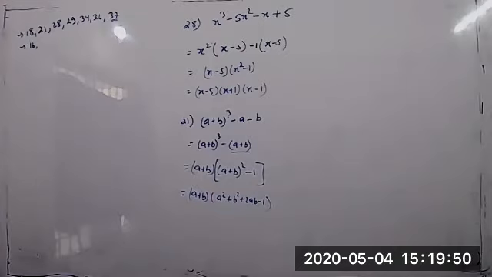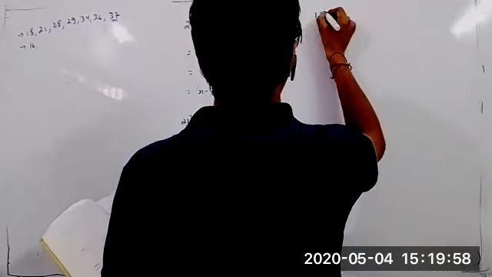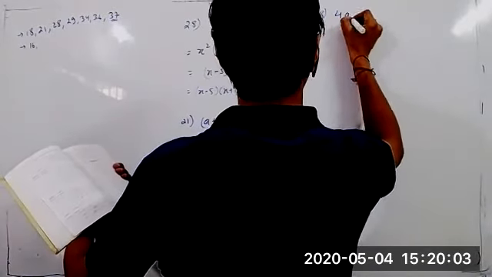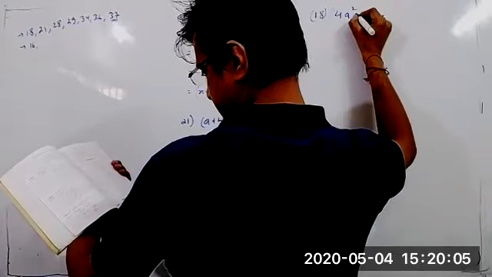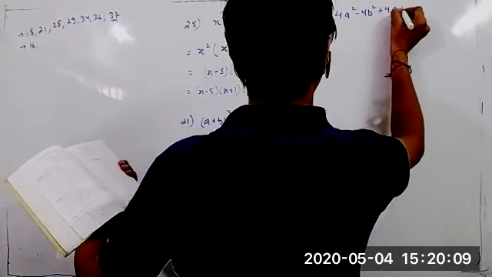Sir, we just write the question in the book. The 18th question is 4a square minus 4b square plus 4a plus 1.